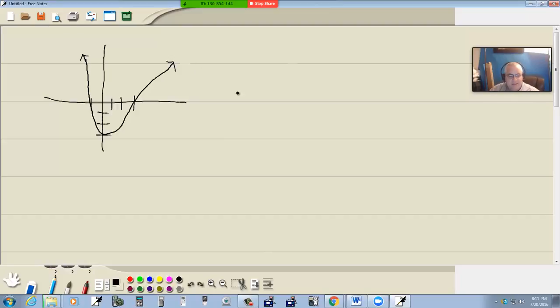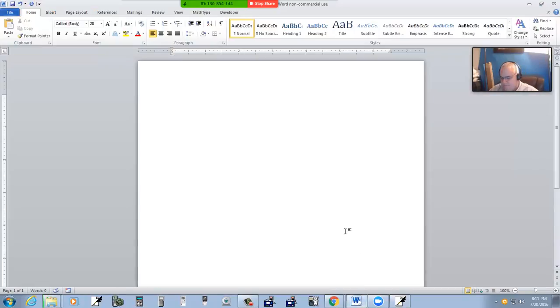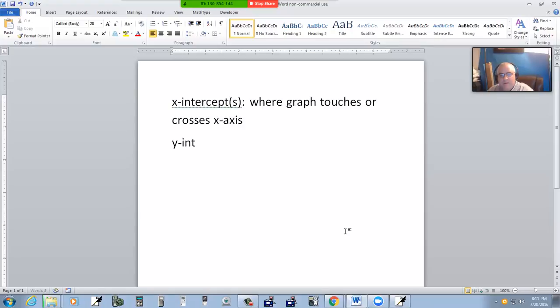Now your x-intercept is where the graph touches or crosses the x-axis. The y-intercept is where the graph touches or crosses the y-axis.